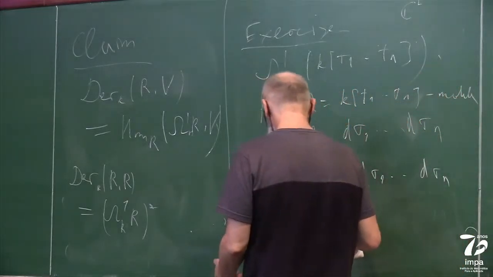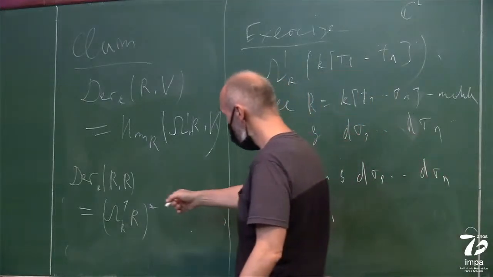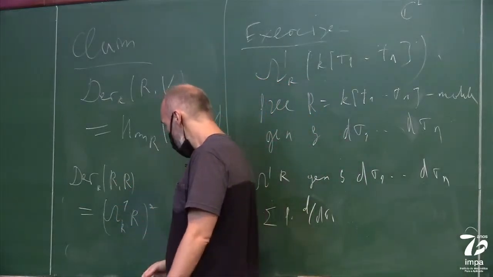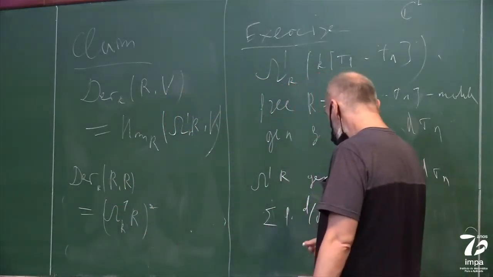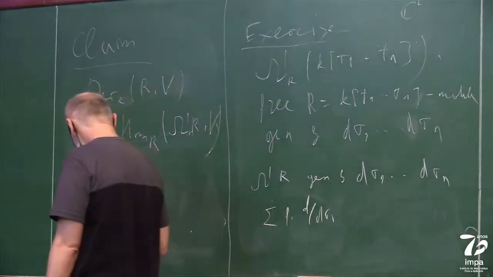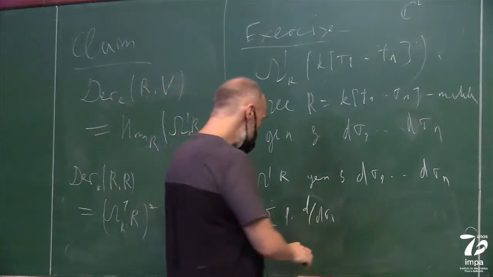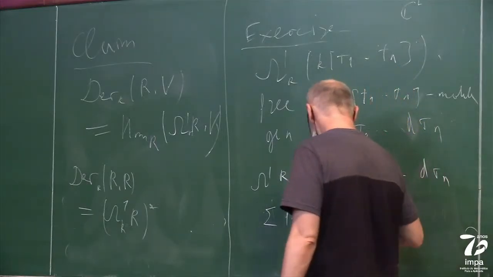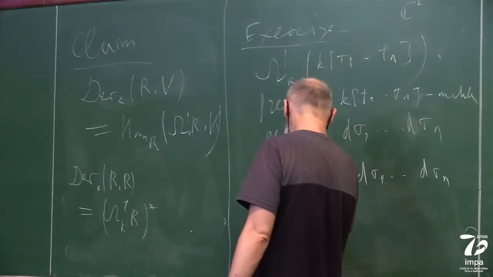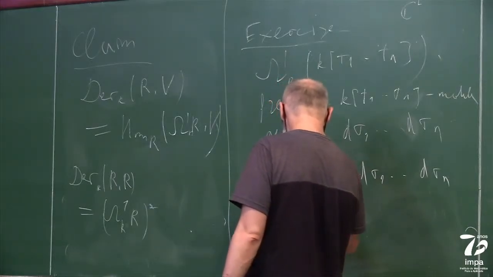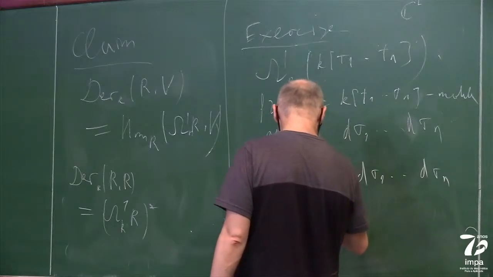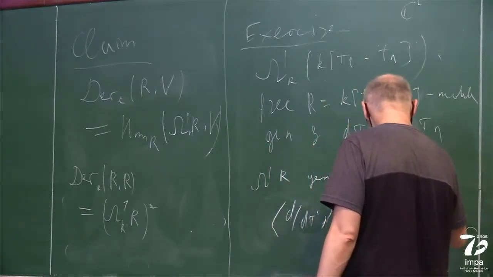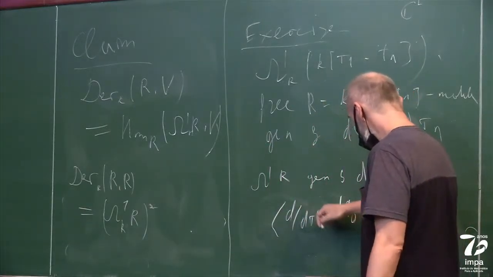In particular, since these two models are dual, you have to pair them up, and if you pair them up, you will obtain that the pairing of d by dti with dtj is delta ij.